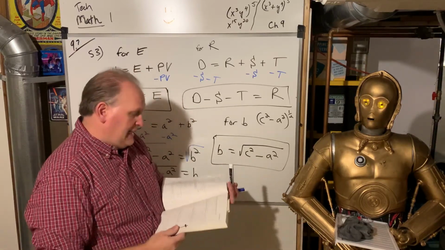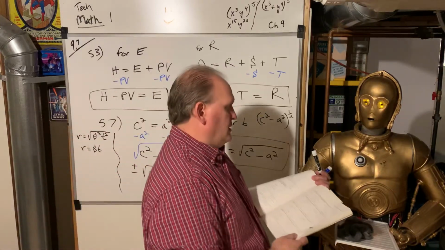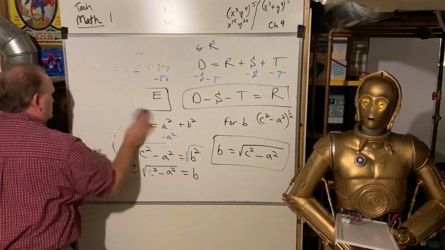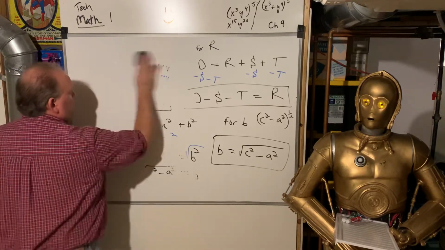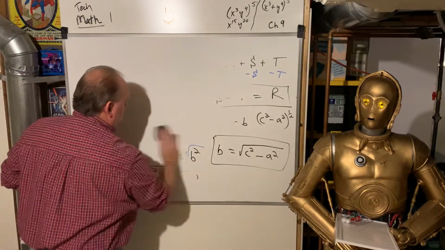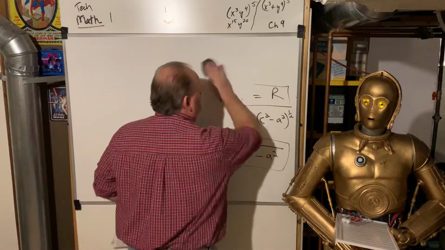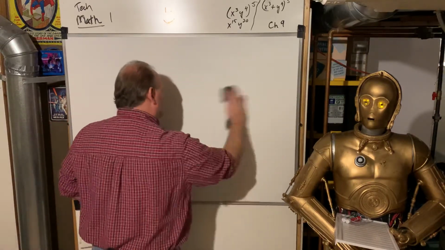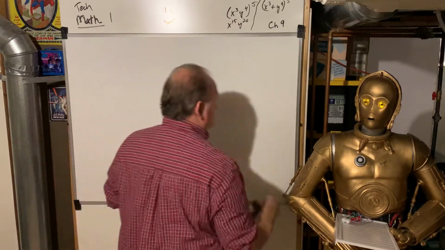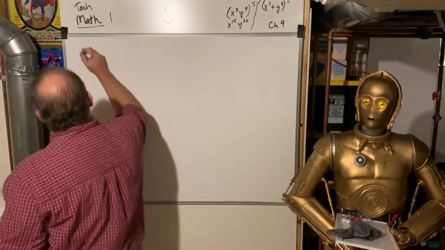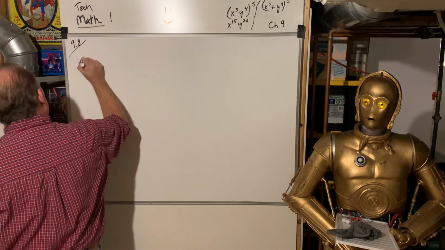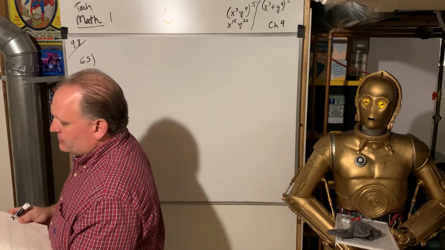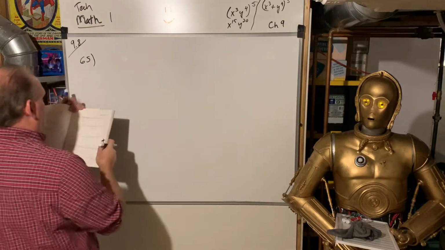Let's look at 9-8. We'll jump to number 65. So 65 is on page 393 of the blue books.